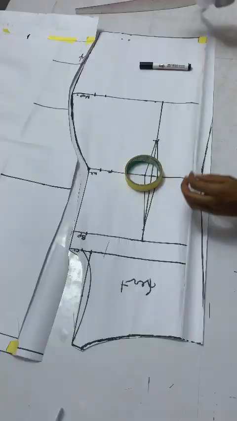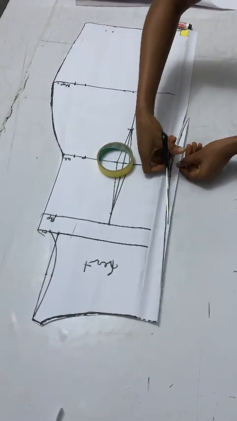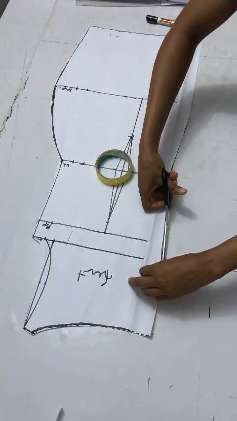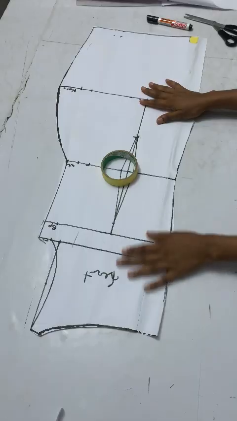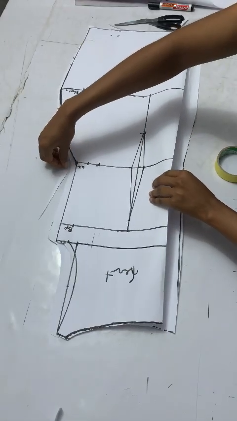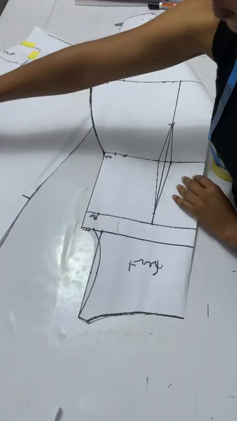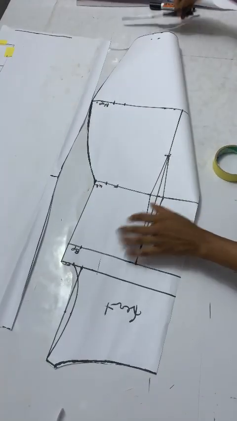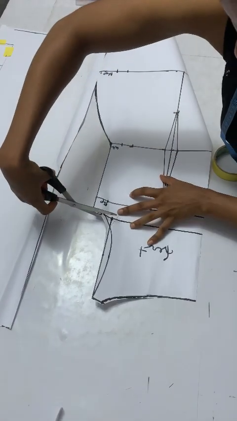See what I have there. This is what I have. You can see I'll take out the back pattern. Then I'll go ahead and cut off the front armhole.